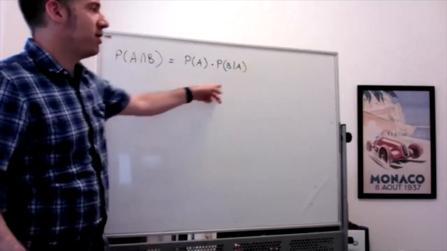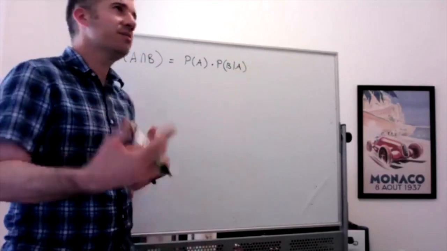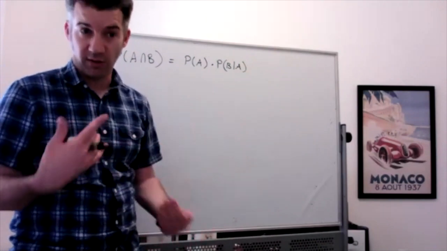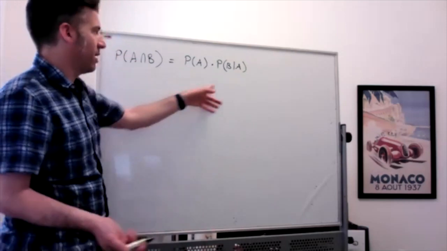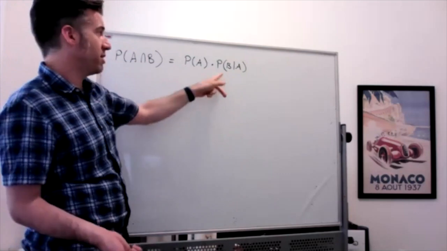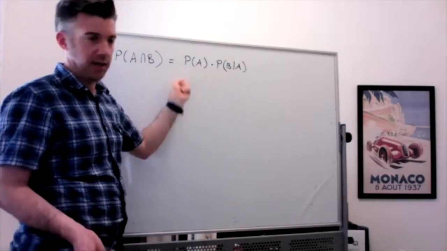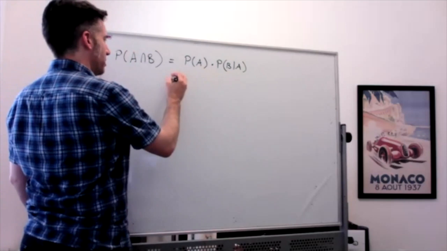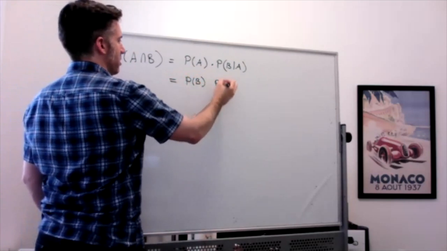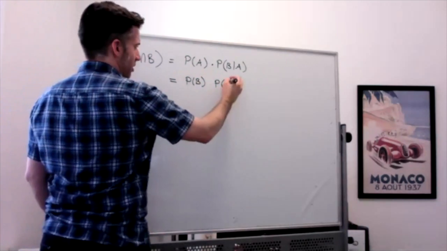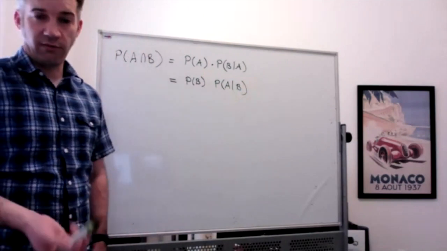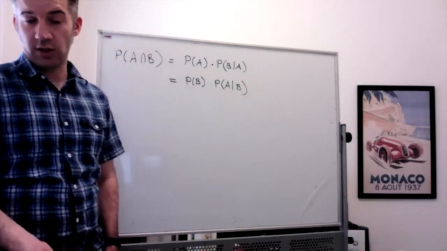I write it this way because in some situations you think of one event possibly happening before the other, so here I'm thinking A happens before B. We can also write it as the probability of B times the probability of A given that B has already happened. Both of these formulas are valid for an intersection.